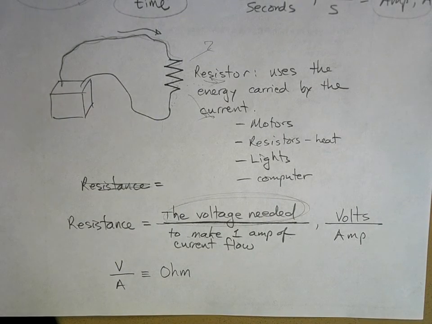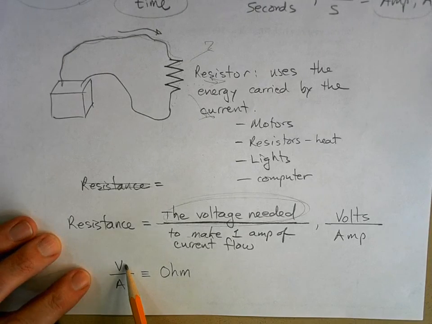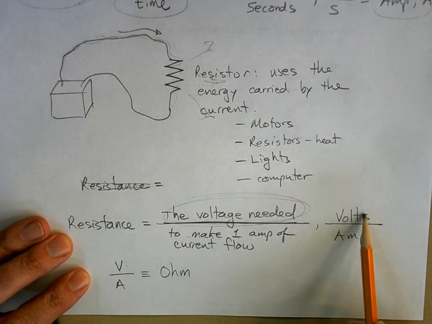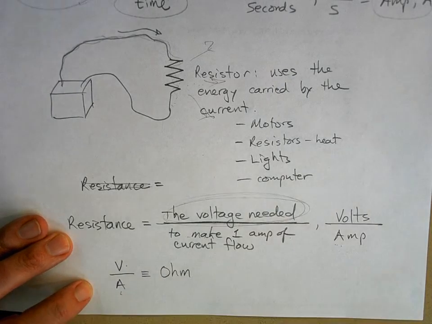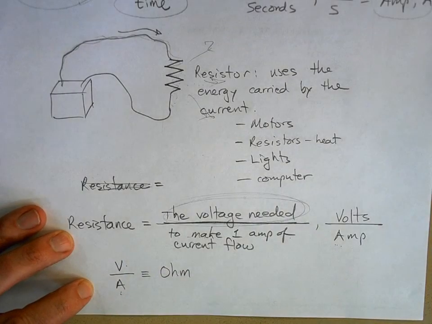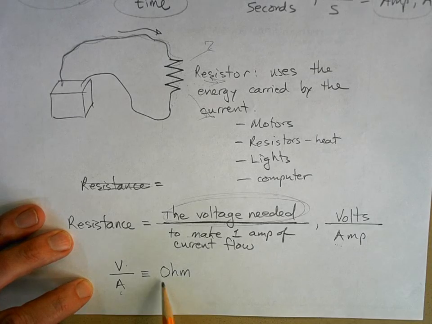Have you heard of ohms before? Like how many ohms is that resistor? Well, we use a V to represent a volt. We use an A to represent an amp. So what should we use to represent an ohm? Well, how about a capital O?